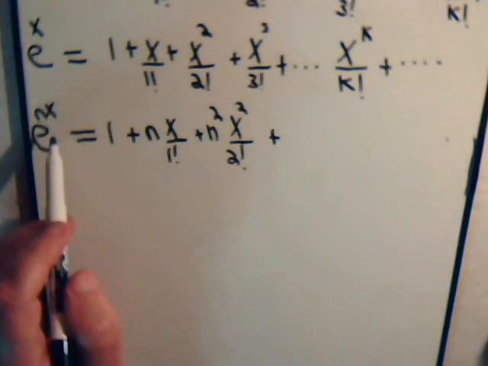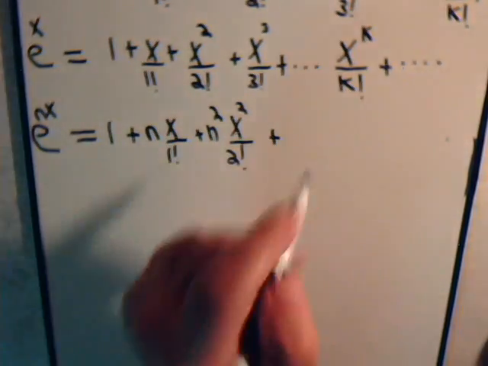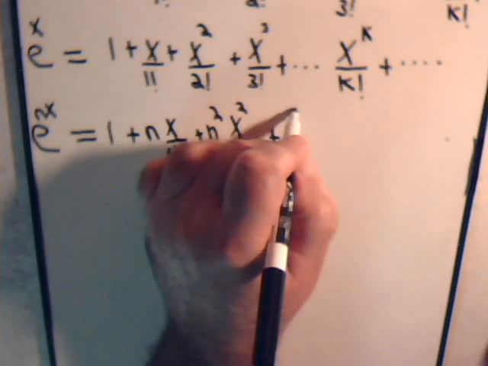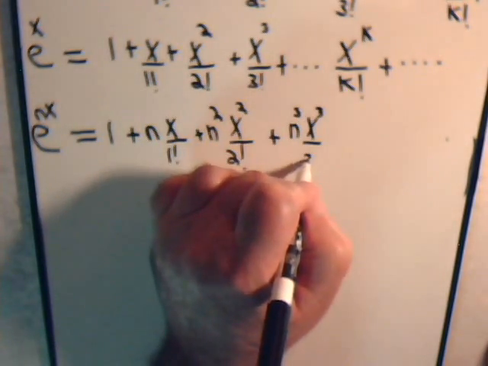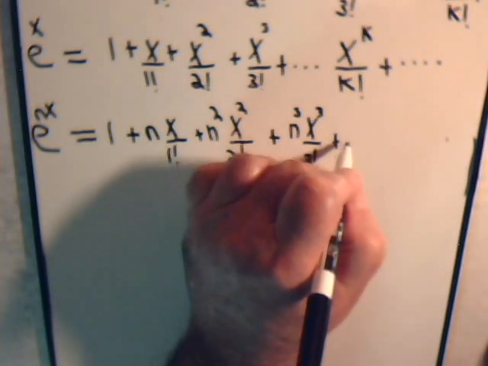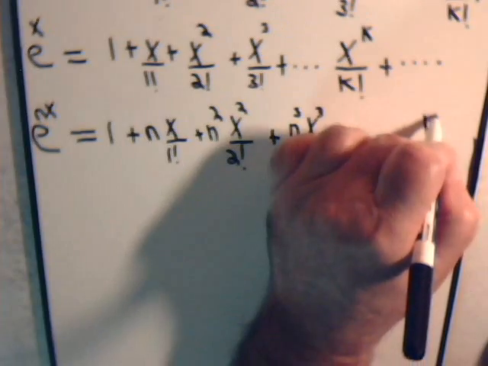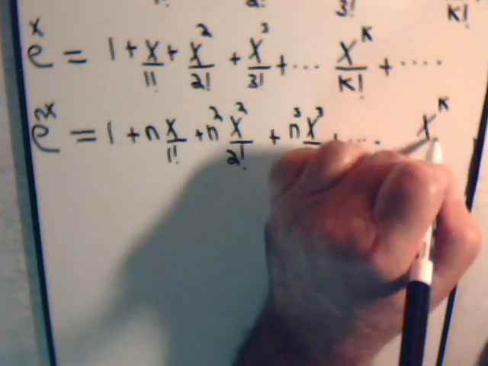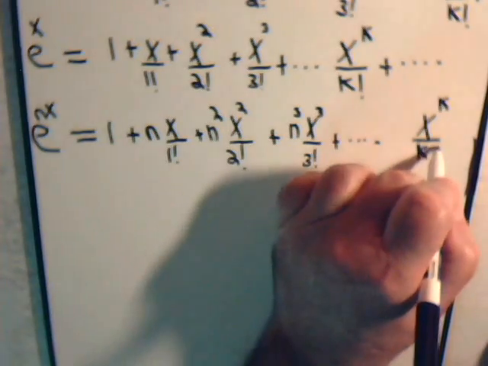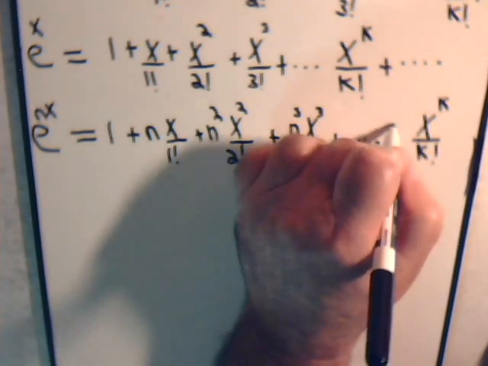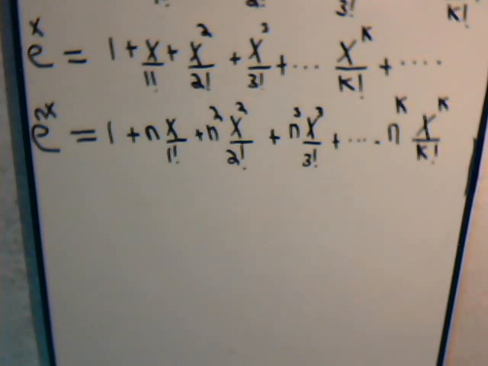Comparing these two expressions, for x cubed we have n cubed x cubed, so we have n cubed x cubed divided by 3 factorial, and so forth, so that for x to the k divided by k factorial, it's multiplied by n to the k.